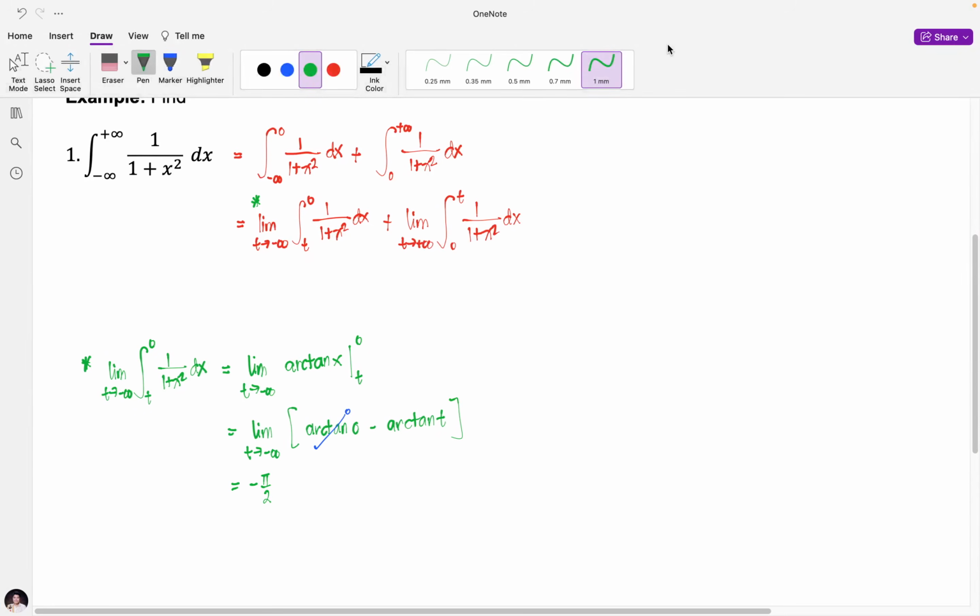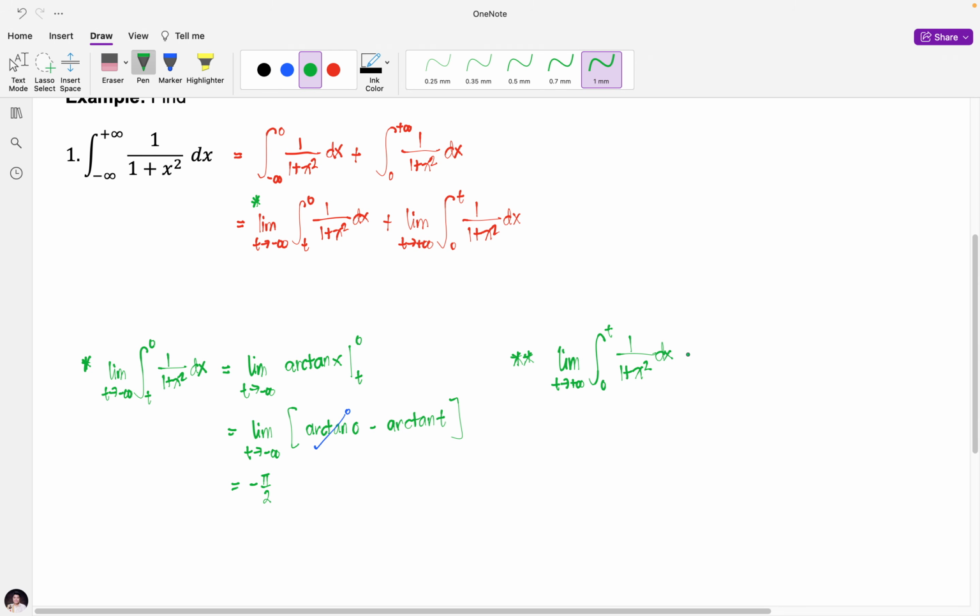Same sa kabila, we have the second limit, that is the limit of the integral of 1 over 1 plus x squared dx from 0 to t as t approaches positive infinity.